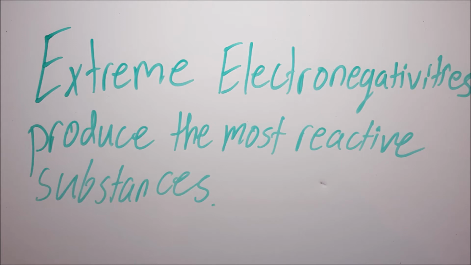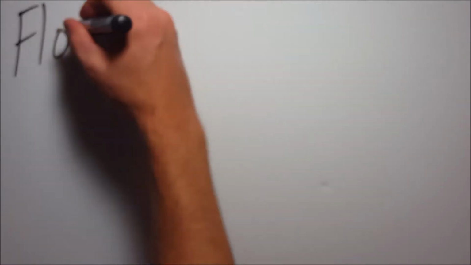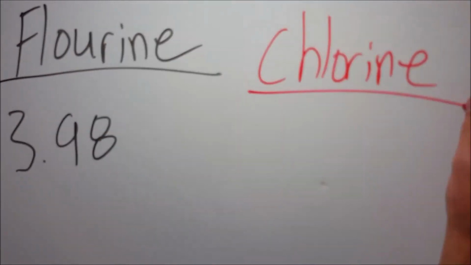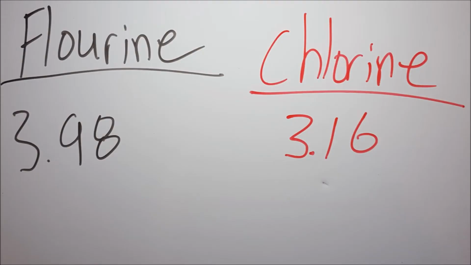In other words, we are predicting to see that fluorine has a higher electronegativity than chlorine because that would confirm our observations. It turns out that fluorine has the highest electronegativity of all the elements at 3.98, and chlorine is sitting at 3.16.